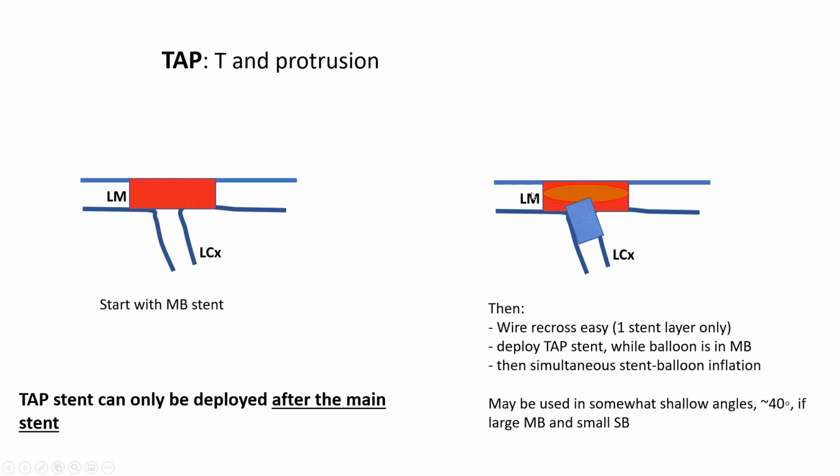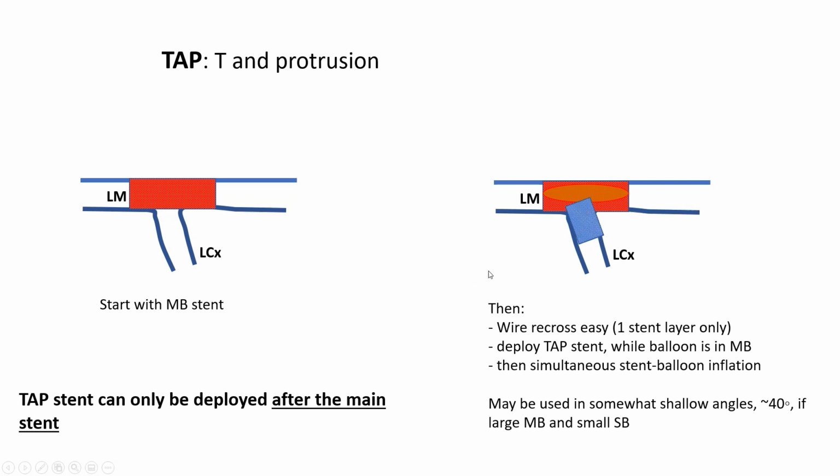You deploy it while you have a balloon stationed in the left main LAD. And after you deploy the left circumflex stent, you inflate your LAD balloon simultaneously with the circ balloons. And this way you make sure that stent is ending up in the middle of the vessel. This technique may be used in somewhat shallow angle. You don't need to have a steep angle to use that.